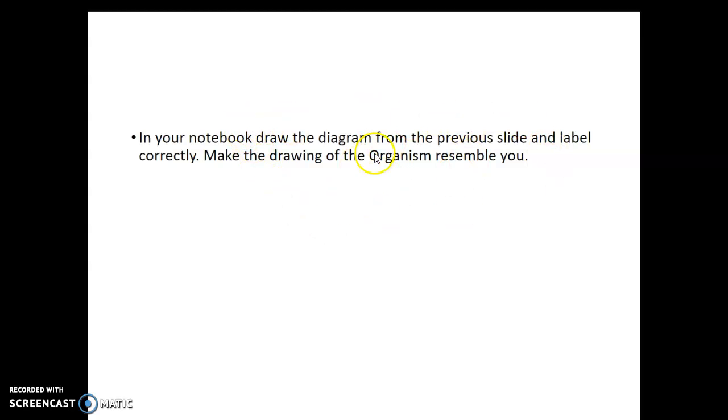But do that drawing. And then when you are done, if we're distant learning, you need to go onto the Google Classroom and submit that you have finished that. Now, if we're meeting in person, I will check your drawings then. If we are not meeting in person at the time that we're doing this, then I will do a notebook check and check for this drawing when we get back. All right?